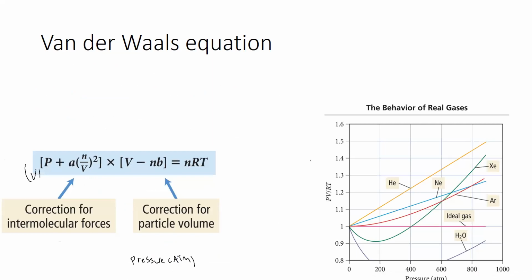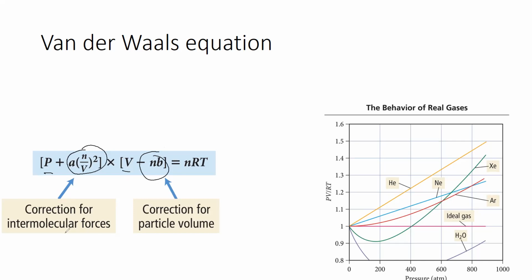And this equation is called the van der Waals equation. And what the van der Waals equation is, it's like the ideal gas law, where we have PV equals nRT, but we have these extra corrections that are added onto it. So we correct for the gas molecules interacting with each other.